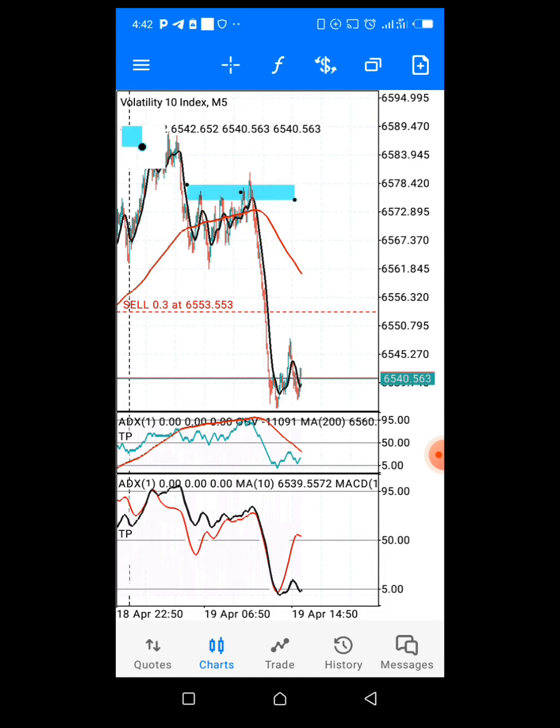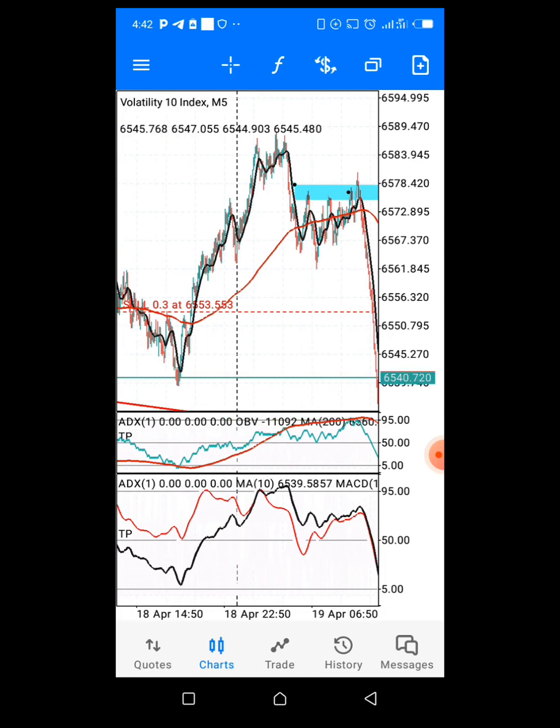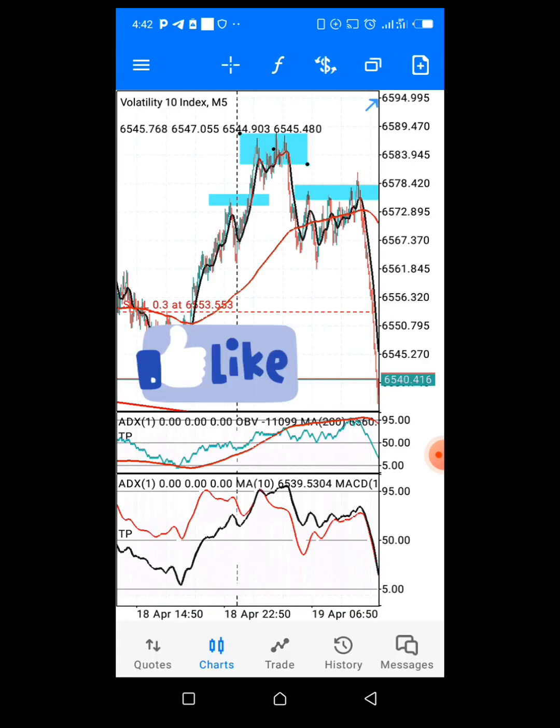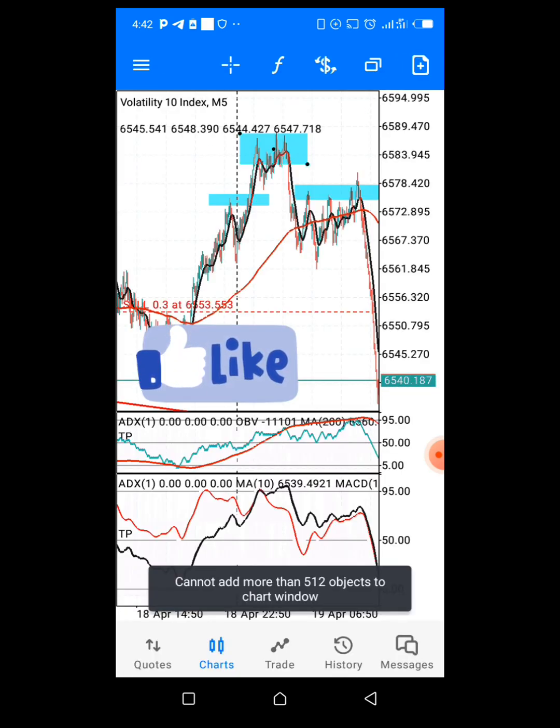I do tell my students that this market respects this pattern, head and shoulder pattern. Can you see? This is the head.